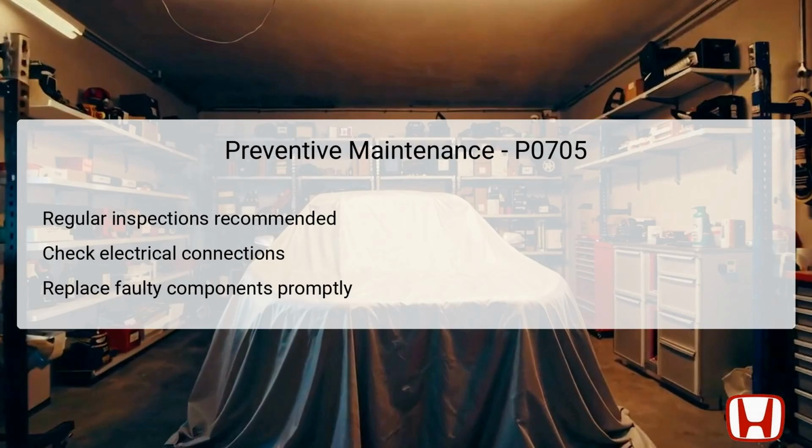Should the transmission range switch or related components exhibit faults, it is essential to replace them promptly to avoid extensive repairs later. Additionally, maintaining the vehicle's overall electrical system can minimize the chances of recurrence of issues like DTC P0705.